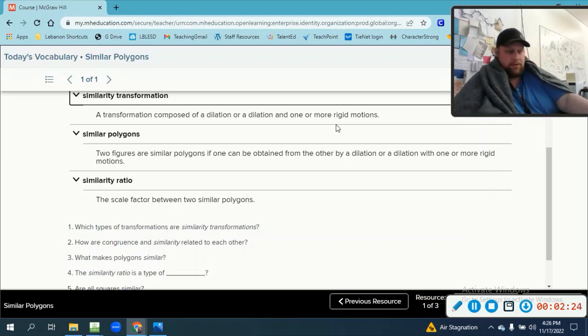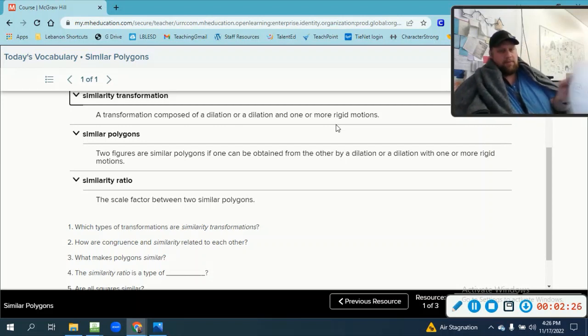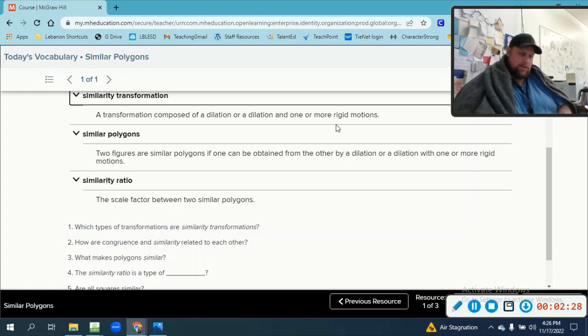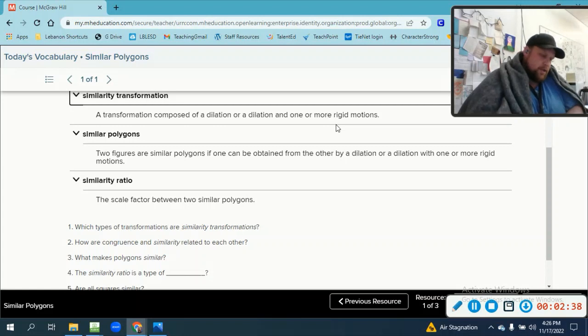I'm going to remind you guys from back in the day: a non-rigid motion changes the dimensions of a given figure. A rigid motion does not change the dimensions of a given figure. It holds the size, it just moves it or rotates it. Whereas a similarity transformation is going to have a dilation at least, but then it could have a dilation and maybe one or more rigid motions.